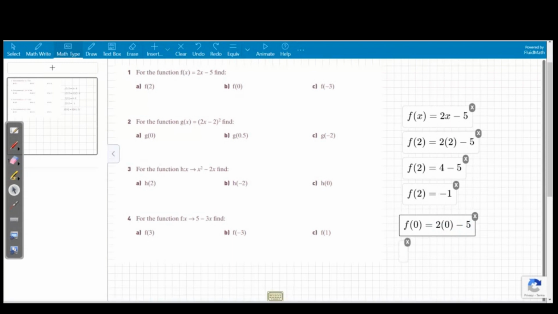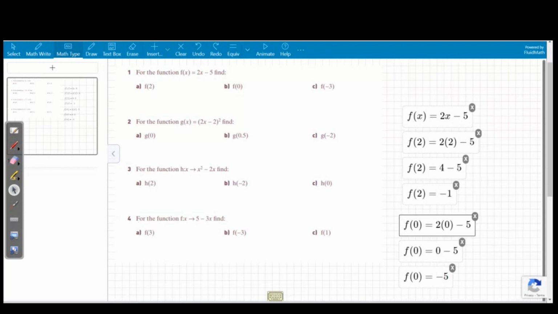So f of 0 is equal to 0 minus 5, which gives us f of 0 to be equal to negative 5. Isn't it easy? Yes, this is quite easy to do.